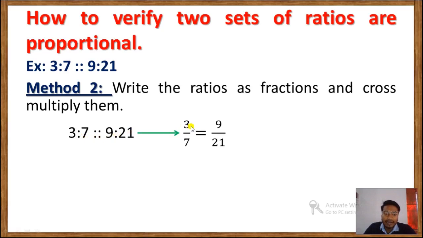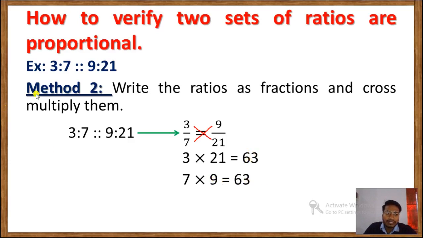We can write this as 3 by 7 is equal to 9 by 21. Now what we have to do is cross multiplication. That means 3 into 21 and 7 into 9. When we multiply 3 into 21 we get 63, and when we multiply 7 into 9 we also get 63. So clearly you can see both have 63.